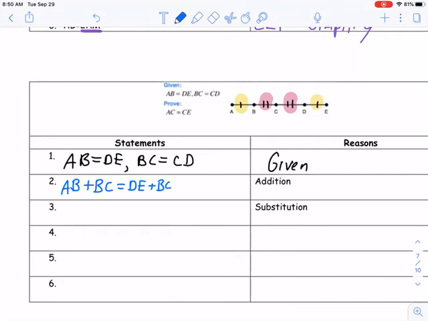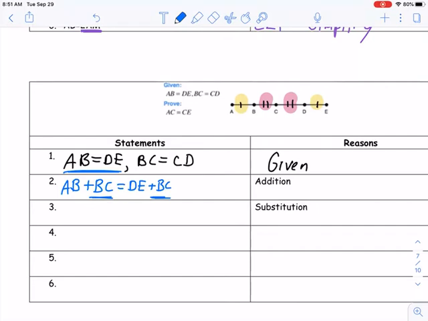And then, let me think about something. Let's just stop there for now. I can always go back and add more to this step if I want. Because I'm the teacher, I can do whatever I want. Notice how I just took this statement here, added BC to both sides.